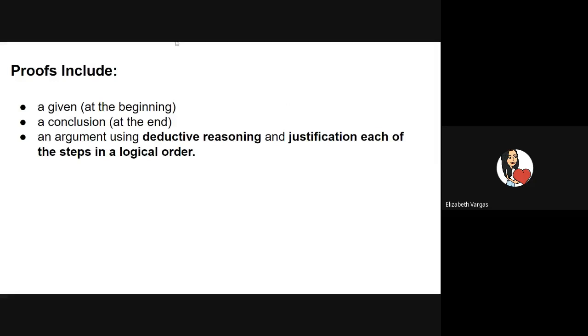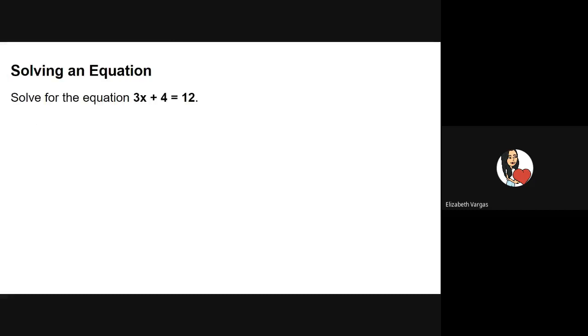It may seem a little interesting, but we're actually going to see different types of proofs today. An example of a proof that we might have already seen is something like this, where we're asked to solve an equation. You may have seen this in algebra, and there's a specific way that we solve this equation, right?